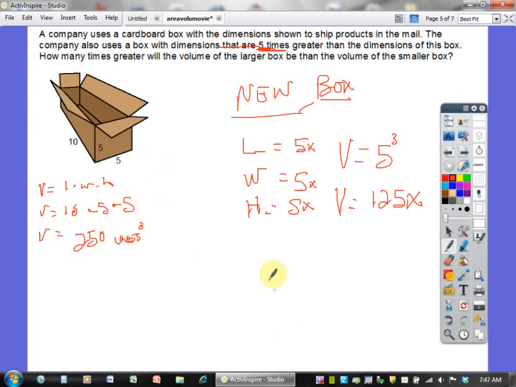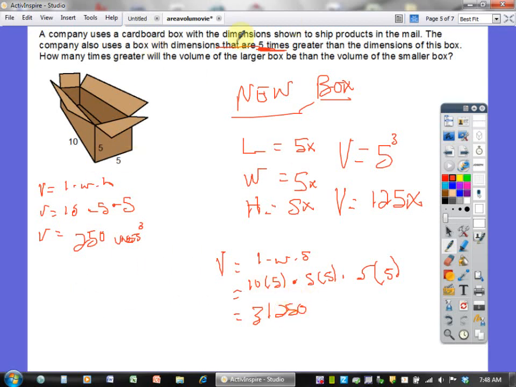Well, if I wanted to find the volume of the new box, it would be length times width times height. But remember, we're doing 5 times, so this would be 10 times 5 times 5 times 5 times 5 times 5, because the 5 in the parentheses is the scale factor. So if I multiply 50 times 25 times 25, that equals 31,250.